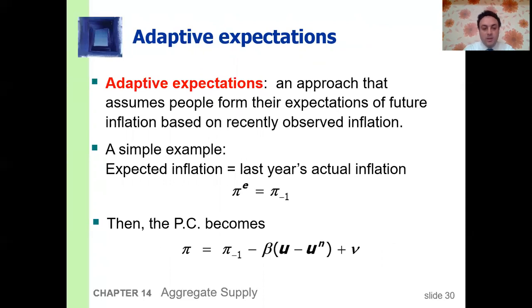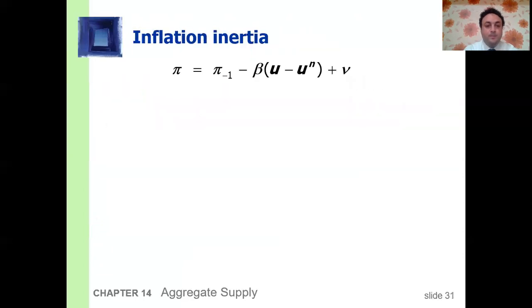So this is how the Phillips curve equation becomes like this. You put last year's actual inflation, which is inflation minus 1, instead of the expected inflation.